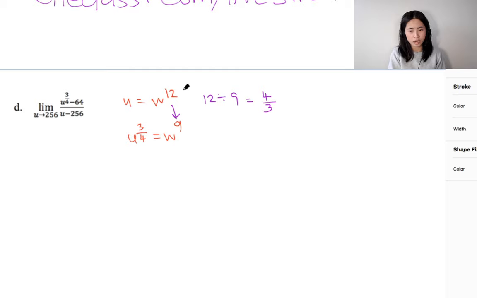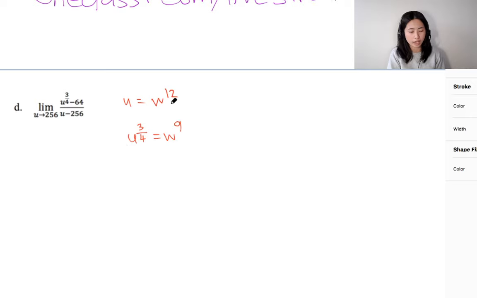So as you can see, you're going to have this ratio. Actually, 12 divided by 9 would give you 4 over 3. So that's the ratio that we will be using. Anytime you're seeing u raised to the power of 3 over 4 and u, you're going to substitute that with w raised to the power of 9 and w raised to the power of 12.